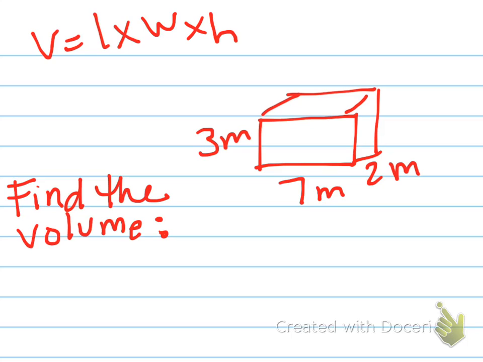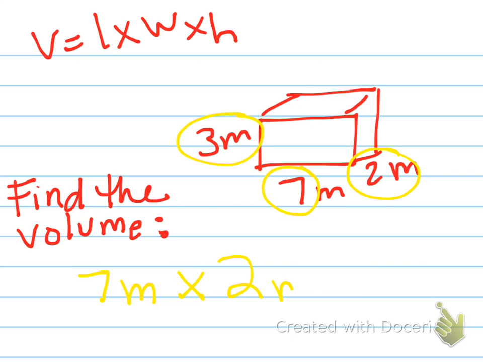All I'm doing is multiplying all these numbers here. My length is 7, times that 2, times the 3.